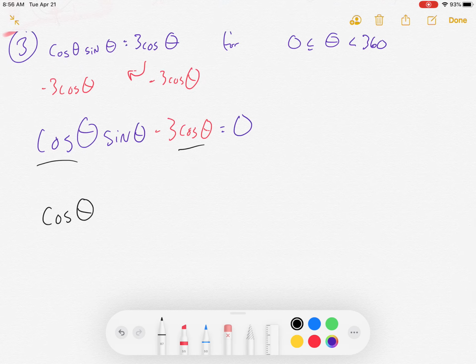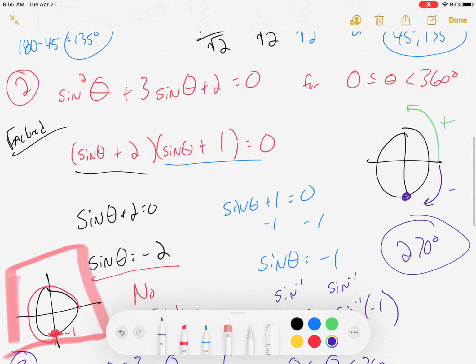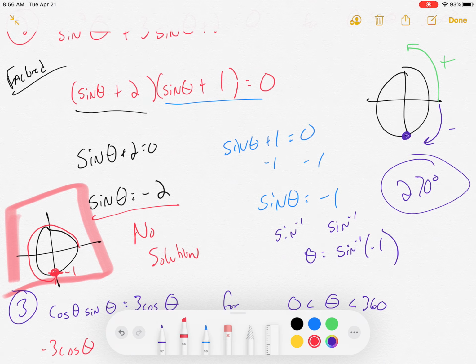Could I factor out a GCF here? Do they both have something? Yeah, they both have cosine, so why don't I factor out a cosine of theta? And then in my parentheses, I'm left with sine of theta minus 3, and it's still equal to 0.